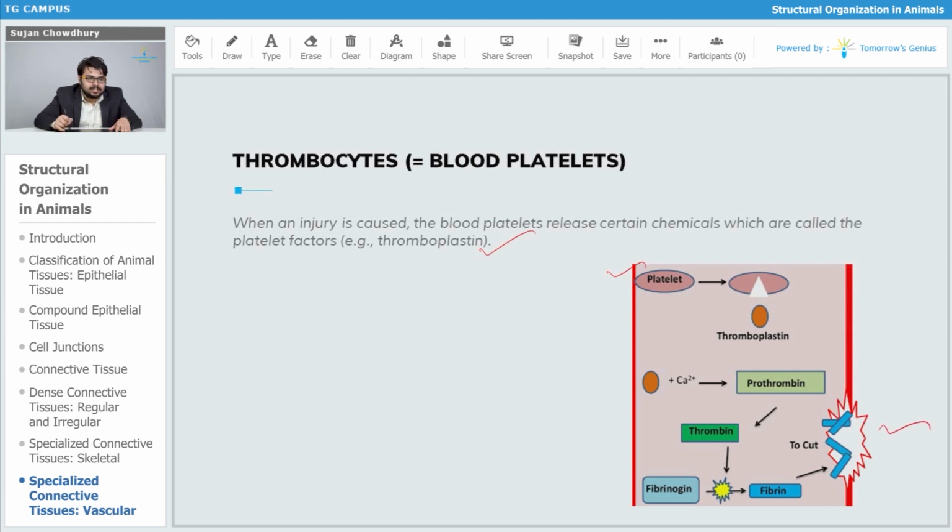The platelets will release thromboplastin that is going to convert prothrombin into thrombin with the help of calcium ions, and this thrombin will work for the conversion of fibrinogen to fibrin. That's a protein present in the bloodstream, and fibrin forms a thread-like characteristic structure, which will then prevent drainage of the blood cells.